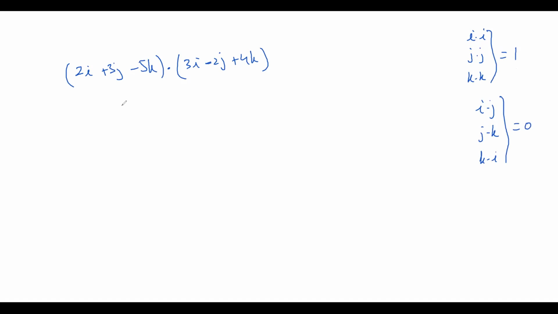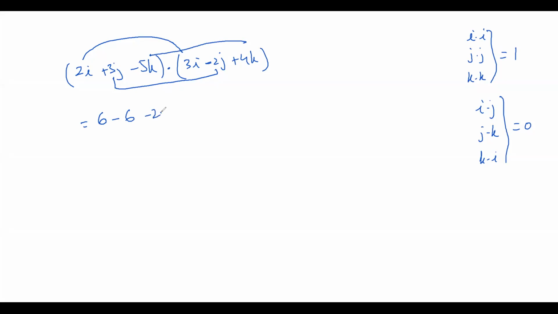So when you are multiplying this, you will only be interested in multiplying this 2i with the 3i, because you will get 6 here. Okay, remember I dot I is 1. So this is 6 I dot I. So that is going to be 6. You will be interested in multiplying the 3j with the minus 2j. So that is minus 6. And you will multiply this 5k with the 4k.